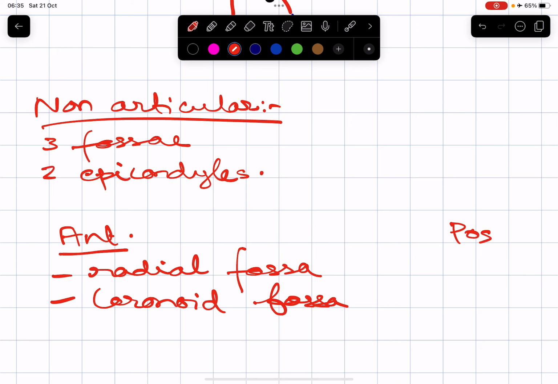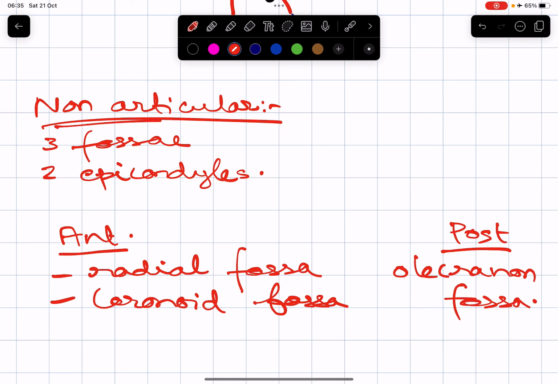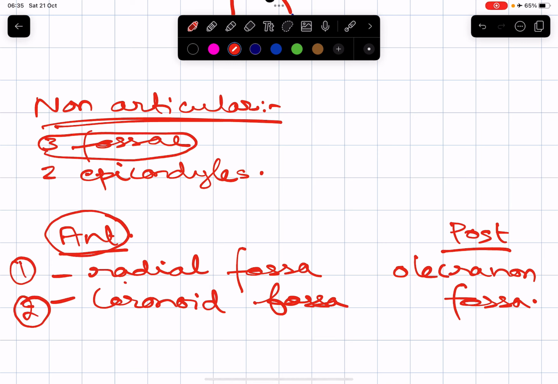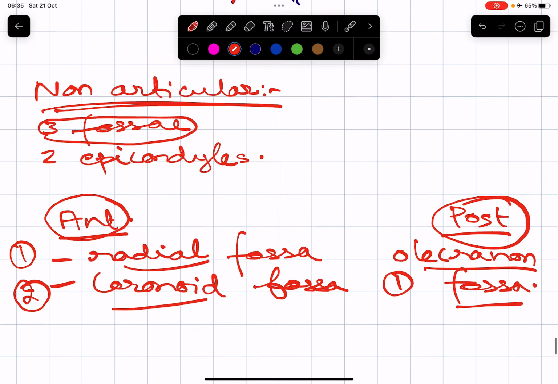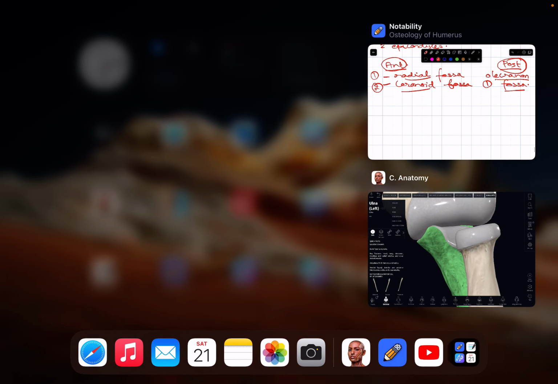And posteriorly there is the olecranon fossa. So the non-articular part presents three fossae. On the anterior surface we have two fossae, the radial fossa and coronoid fossa, and posteriorly we have one fossa, that is the olecranon fossa. All of them lie inside the joint capsule. Right? So let me show you these fossae.